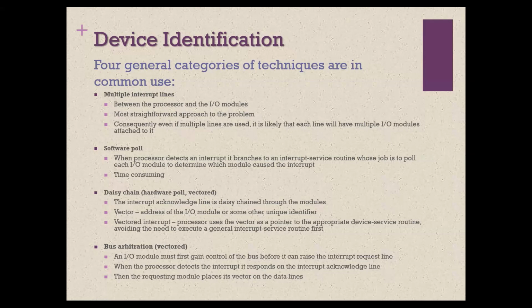With software polling, the order in which modules are polled determines their priority. Similarly, the order of modules on a daisy chain determines their priority. And so finally, the bus arbitration can employ a priority scheme. Okay.